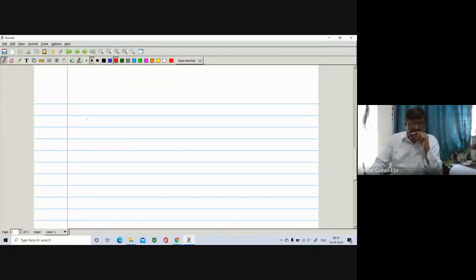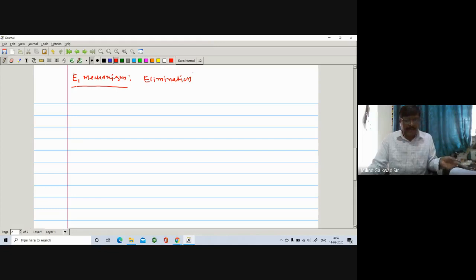Okay, now let us see the next mechanism. In the next mechanism, here it is your E1 elimination, E1 mechanism. So again, elimination unimolecular, E for elimination, and one for unimolecular, right?